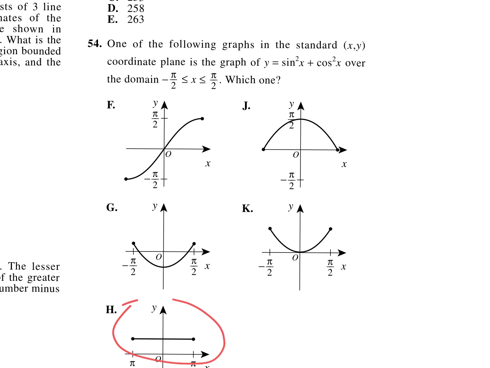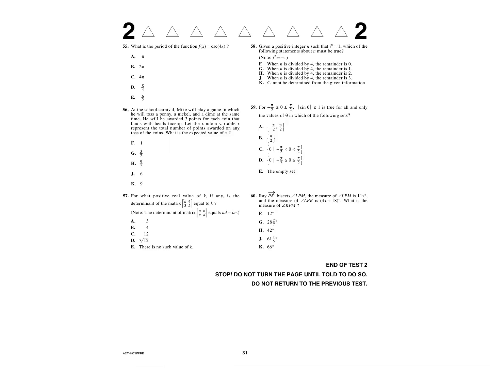Okay, so sine x squared plus cosine x squared. The point is, this is question number 54. Is this meant to be really, really hard? Yeah, this is, but it's still something you can answer just if you know how to use the calculator. Okay, do some strategies.